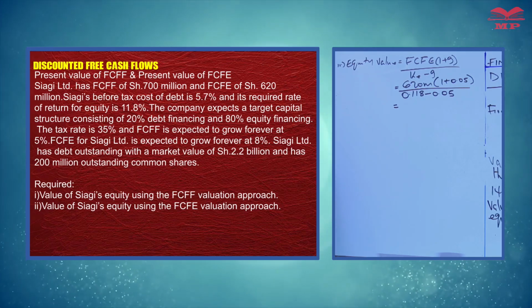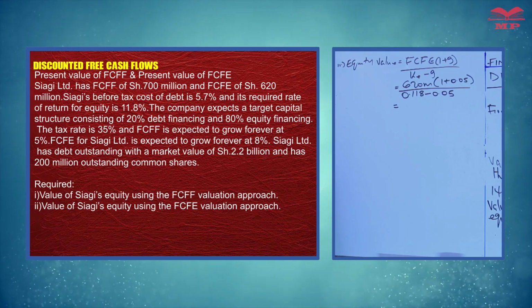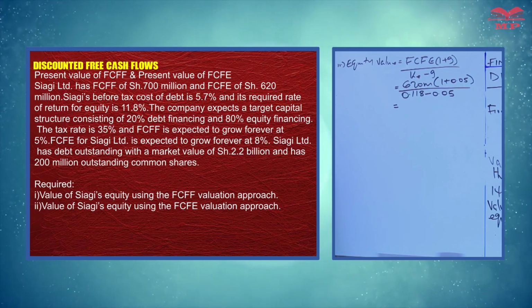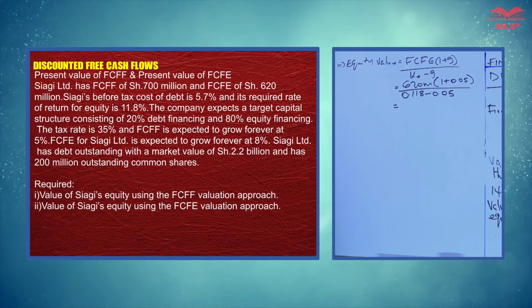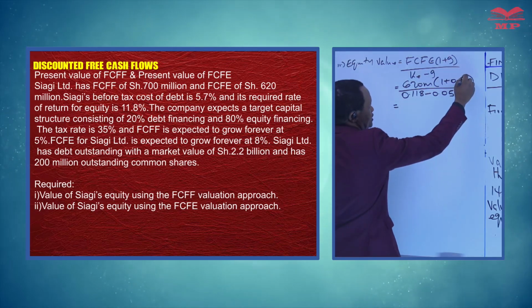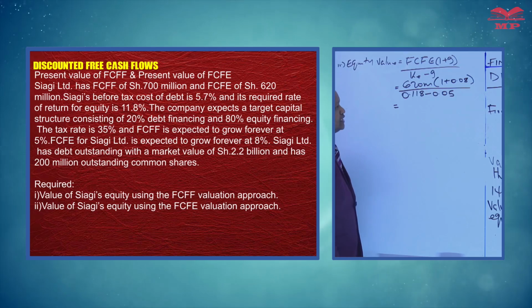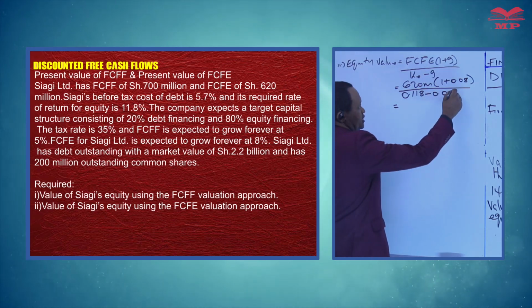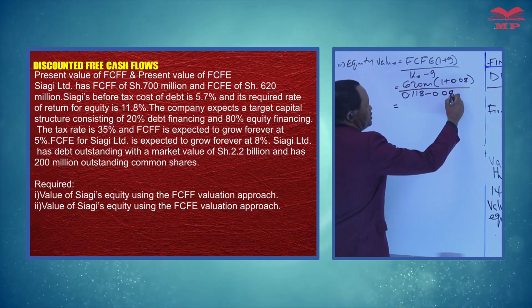It is growing at what rate? Look at the third last sentence. The free cash flow to equity for Siagi is expected to grow forever at 8%. So this one is growing at 8%. The first one was growing at 5%.